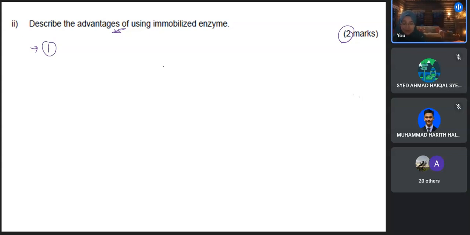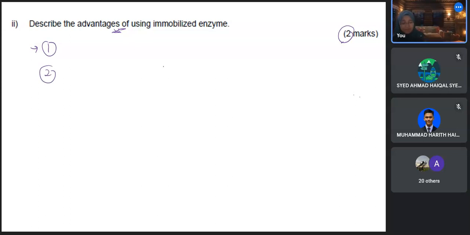Okay, for the second advantage, because you can use the enzyme over and over again, therefore it is more cost effective. Okay, cost effective. You can save the cost of producing more enzyme. Okay, so that is the second point. It is more cost effective.